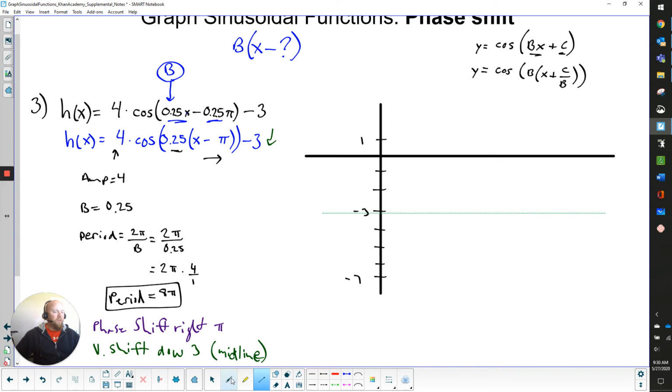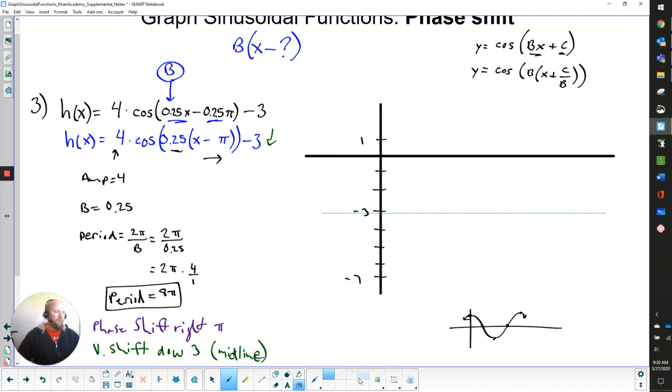I know a cosine function starts at the top, then it goes through its bottom and back out again. The thing that makes this tough is the shift.